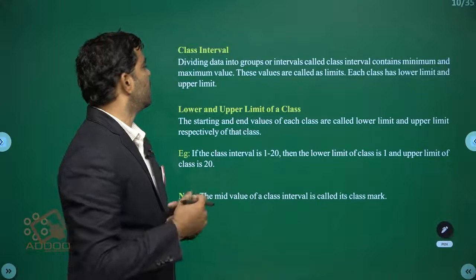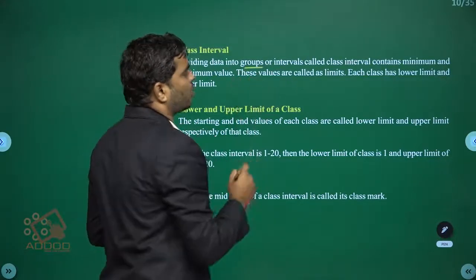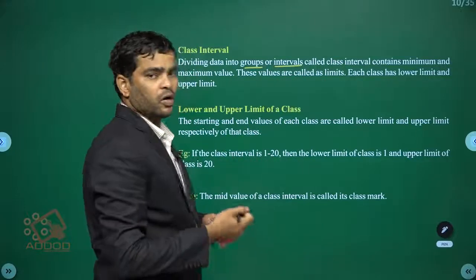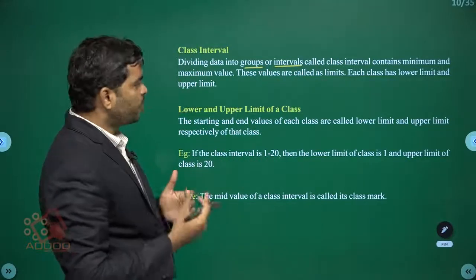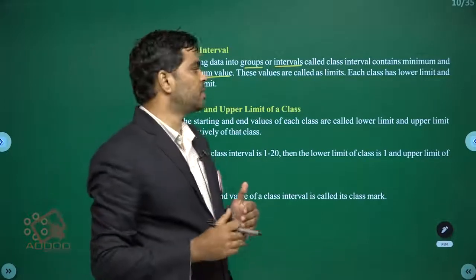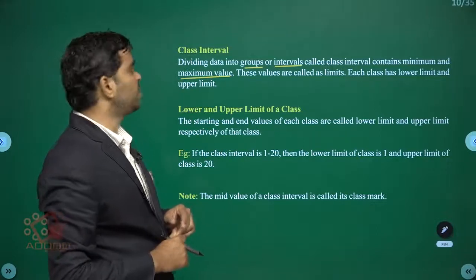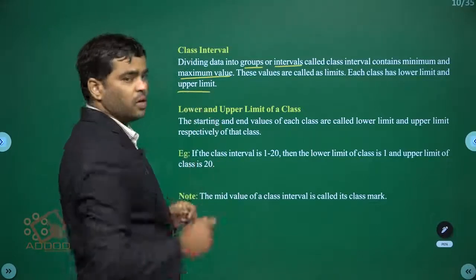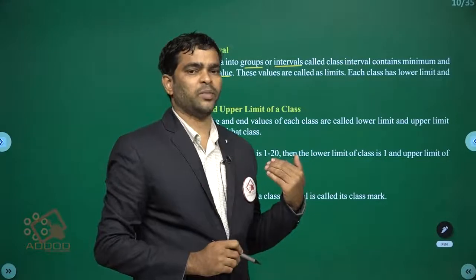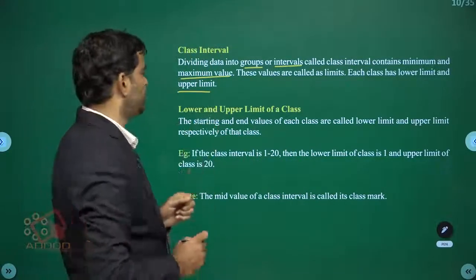Class intervals. Dividing data into groups or intervals is called class interval, containing a minimum and maximum value. These values are called limits, upper limit and lower limit. Each class has a lower limit and an upper limit as well. Lower limit means the minimum value, upper limit means the maximum value for that particular interval.